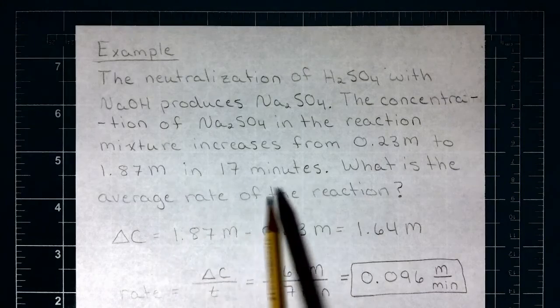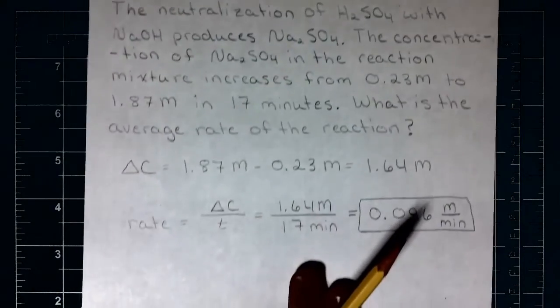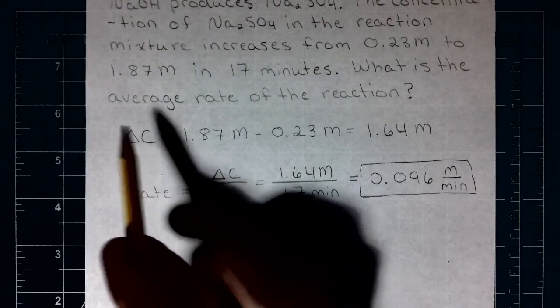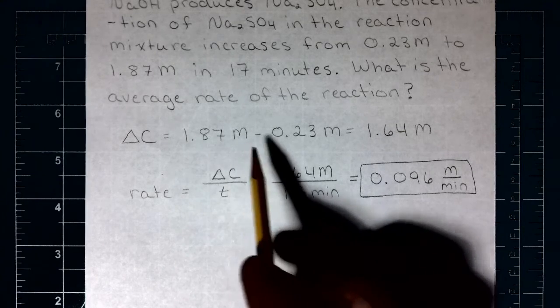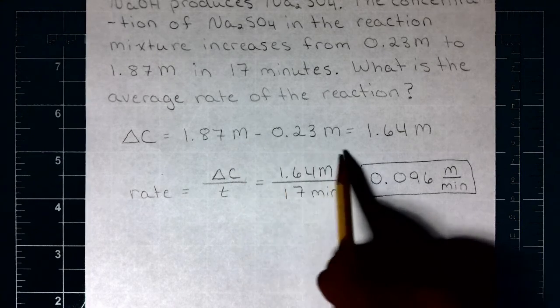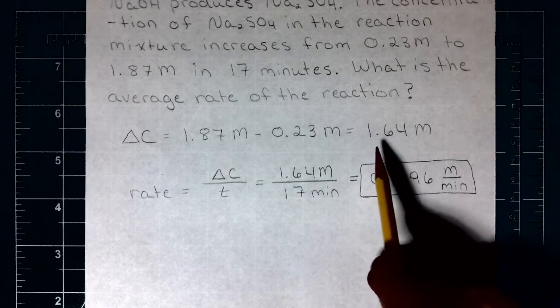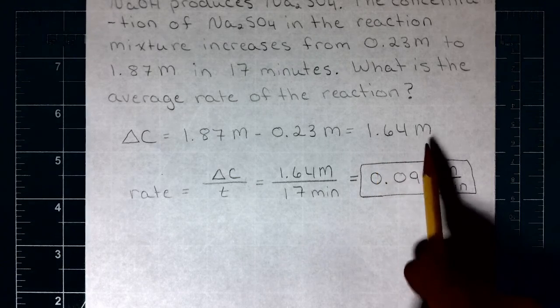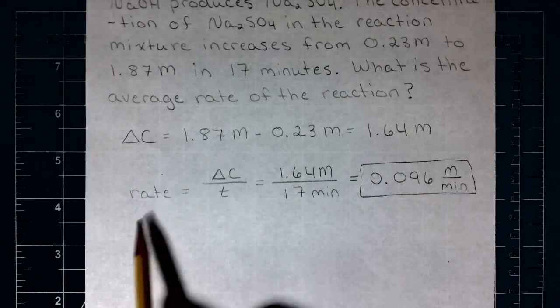What is the average rate of the reaction? So the first thing we need to do is calculate what our change in concentration was, and that is going to be our final concentration minus our initial concentration of sodium sulfite. And we'll see that during that 17 minutes, we produce 1.64 molar concentration change.